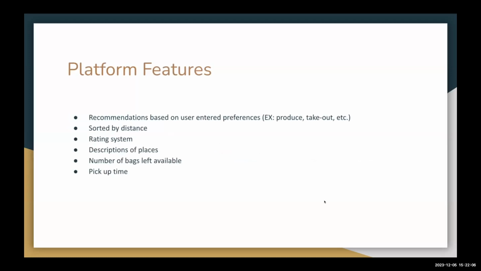And then some general features that I think the platform would have. Recommendations based on what you're looking for, so if you're looking for produce or a meal, like takeout, that would be a feature. And also sorted by distance, so there would be the GPS aspect where you could look at places that are nearby to you, a rating system to rate the quality of the food this location gives out, descriptions, and number of bags left.